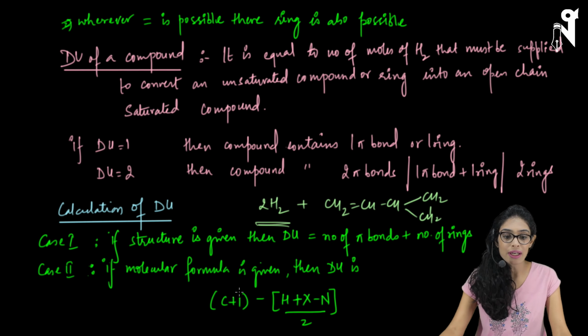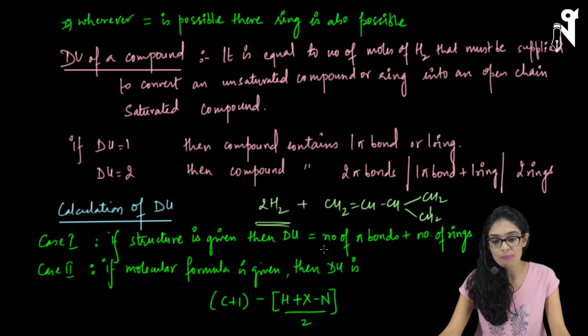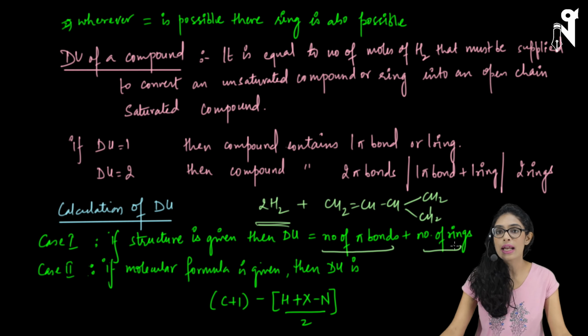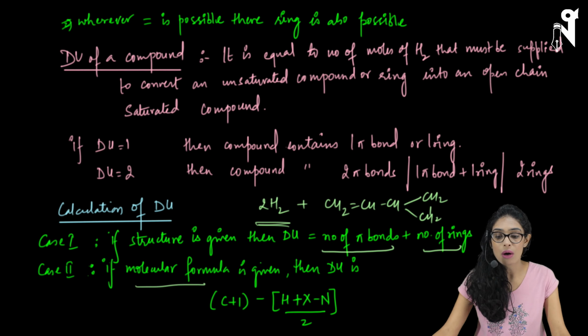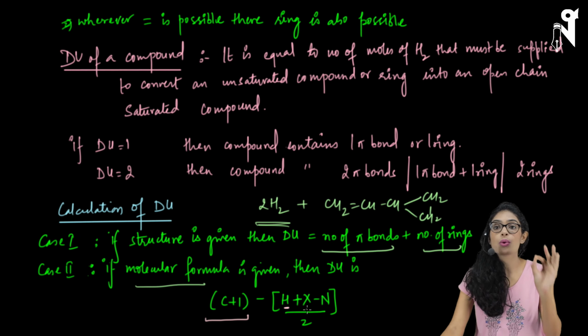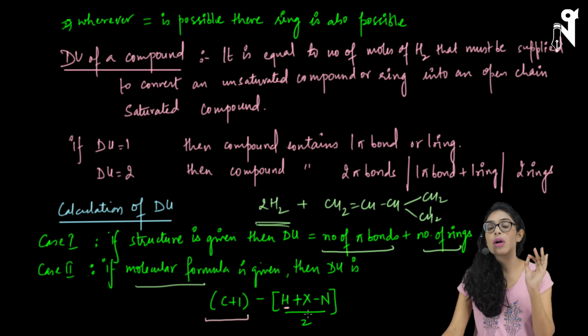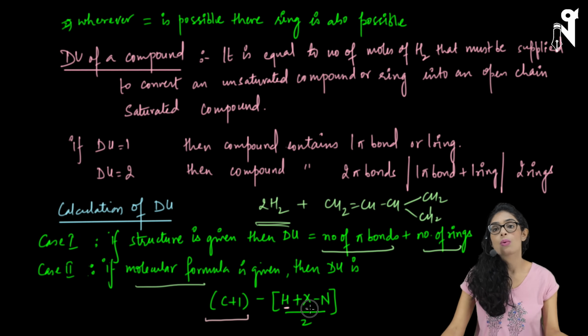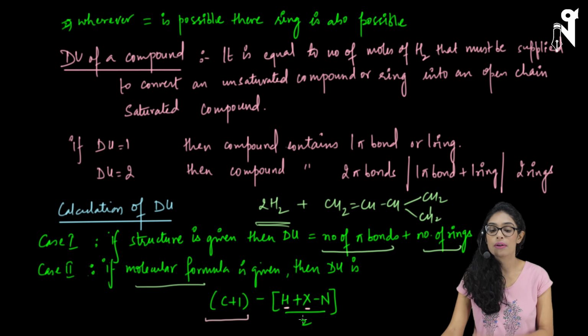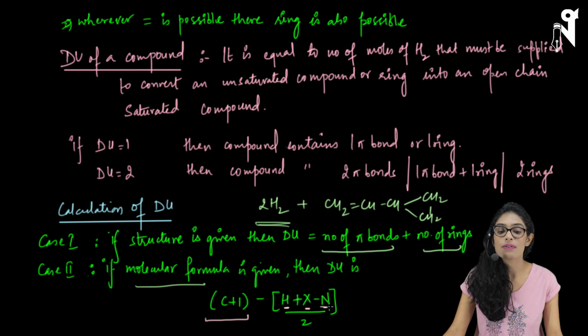So one way is to calculate the number of pi bonds and the number of rings, and then add them. The other way is, if the molecular formula is given, count the total number of carbons and add 1 to it, minus the total number of hydrogens, plus the total number of halogens. What are halogens? Chlorine, bromine, iodine, fluorine. These are called halogens. Add that, then whatever the number of nitrogens, remove it, and then divide it by 2.